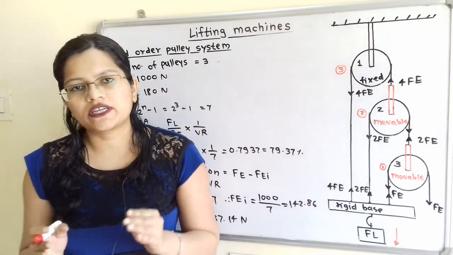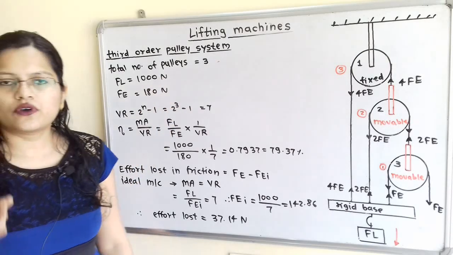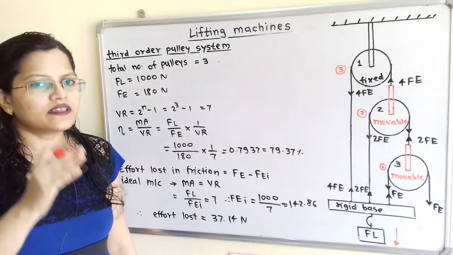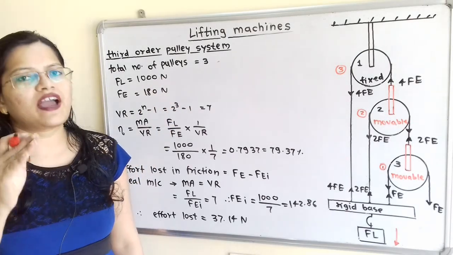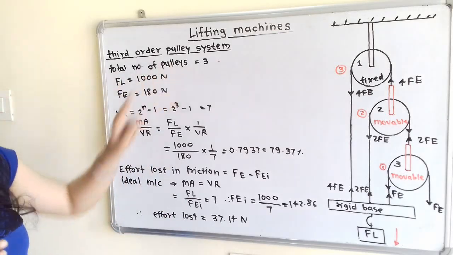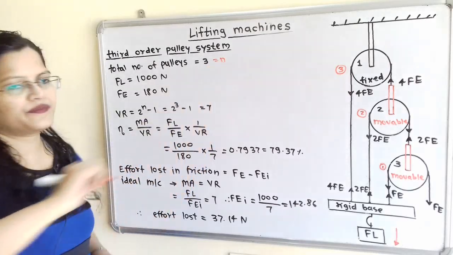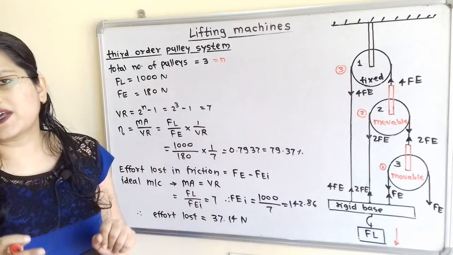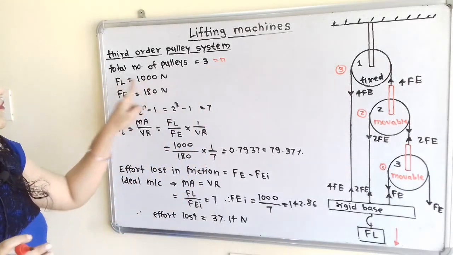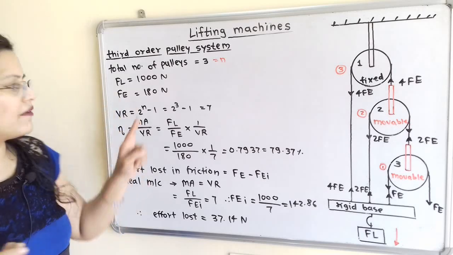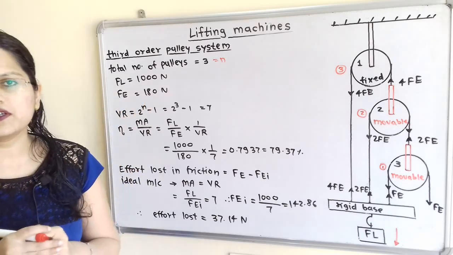The total number of pulleys is equal to 3, so in the third order pulley system the value of n is equal to the total number of pulleys in the system. Now load Fl is 1000 Newton and applied effort Fe is equal to 180 Newton.